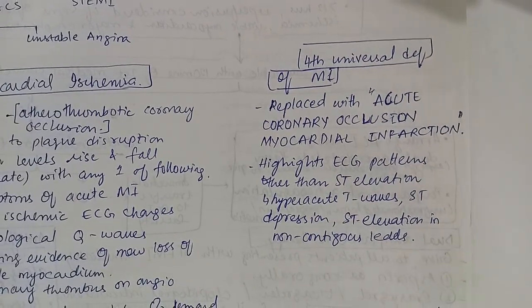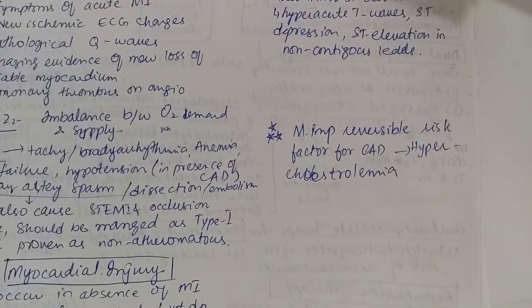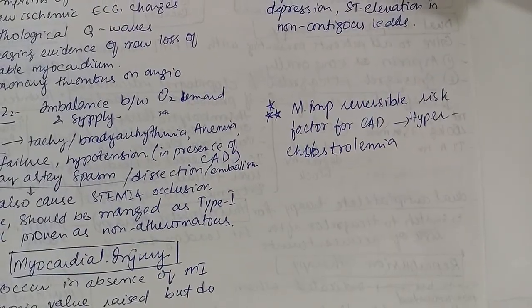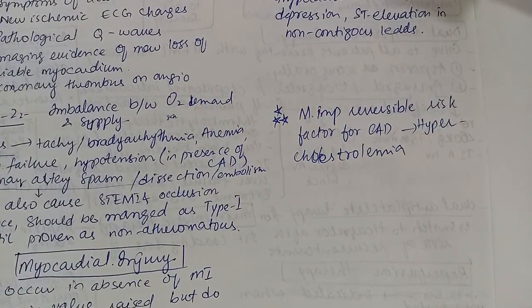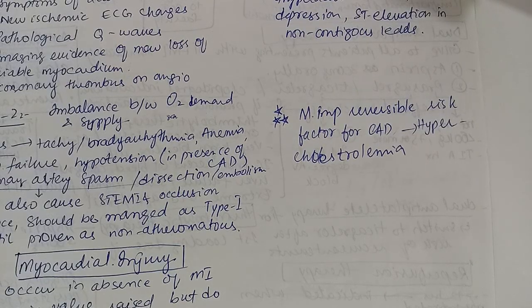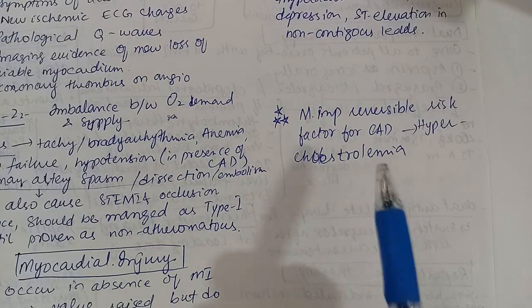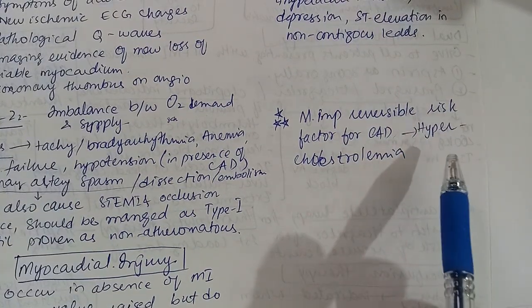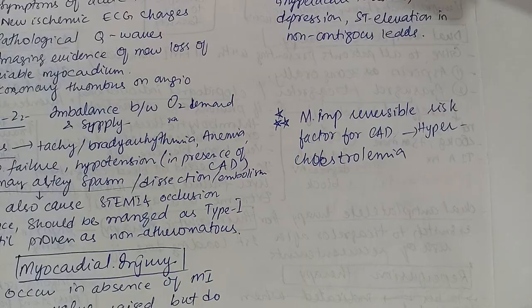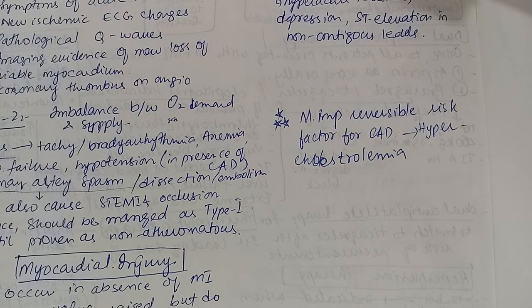Another important thing, there is a question in the blue book about the most important reversible factor for coronary artery disease, for stroke. So for coronary artery disease, the most important reversible factor is hypercholesterolemia, and you have to manage the hypercholesterolemia. I've also mentioned other risk factors in the video I will link, where I covered the chest pain.